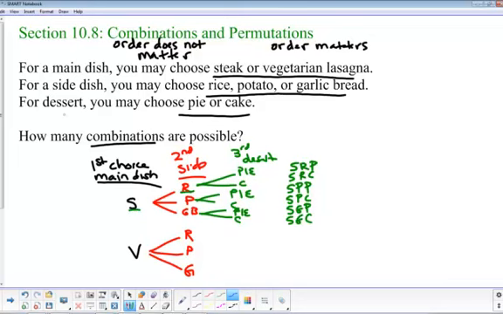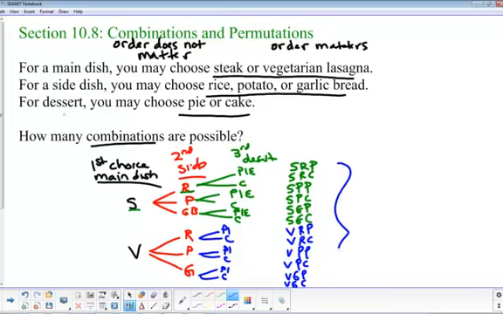And then the same exact thing goes down here for vegetarian lasagna. I either have pie or cake. So again, vegetarian lasagna with rice and pie, vegetarian rice and cake. Vegetarian potato pie, vegetarian potato cake. Vegetarian garlic bread pie, vegetarian garlic bread cake.